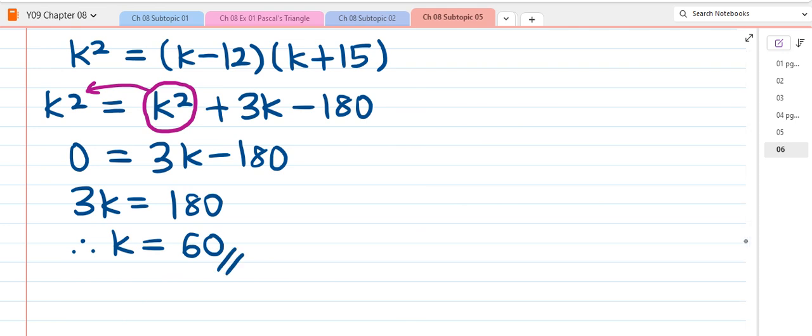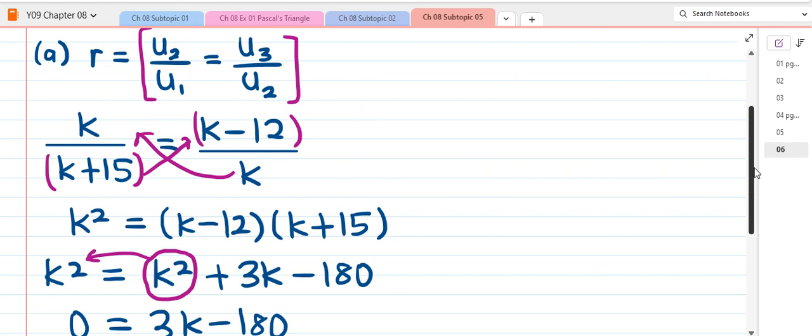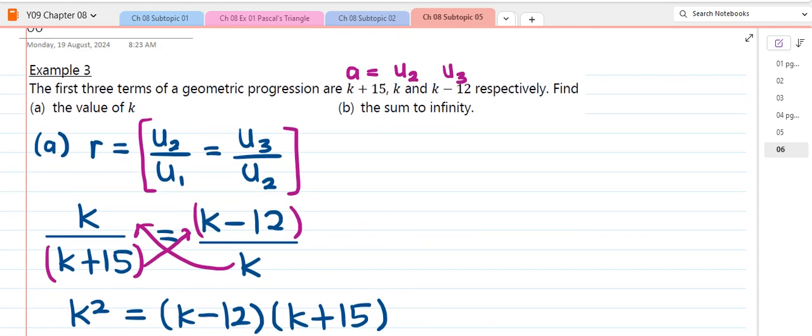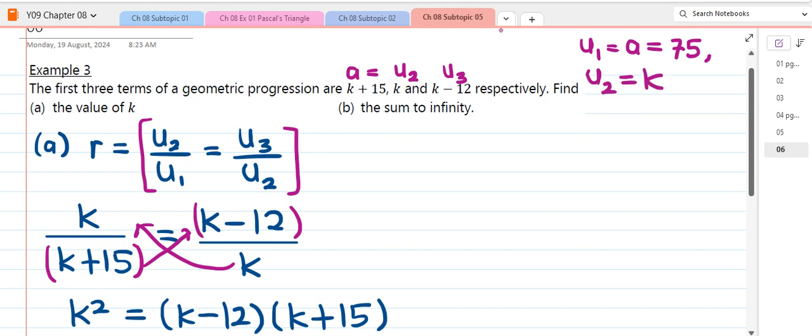From there, you can identify all of your terms. So let's rewrite it down. Your u1, which is your a, is k plus 15. The k is 60 plus 15 will give you 75. Okay, u2 is your k, which is your answer from part a.